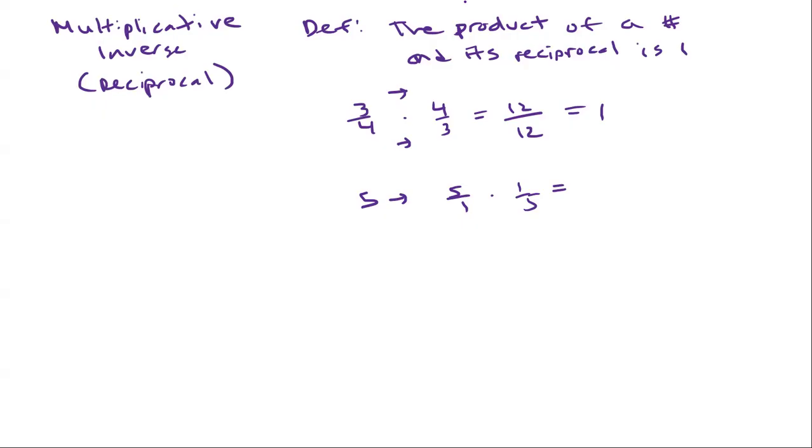When you multiply the two, you get 5 times 1 on top, 1 times 5 at the bottom, and you get 5 divided by 5, which is equal to 1. Okay. Now this goes along with what I just mentioned when you're multiplying fractions, so multiplication.